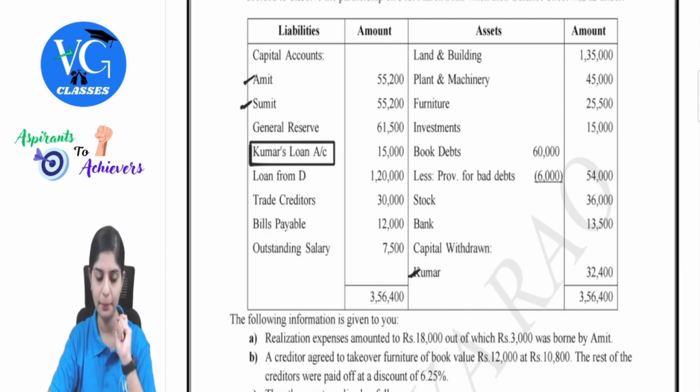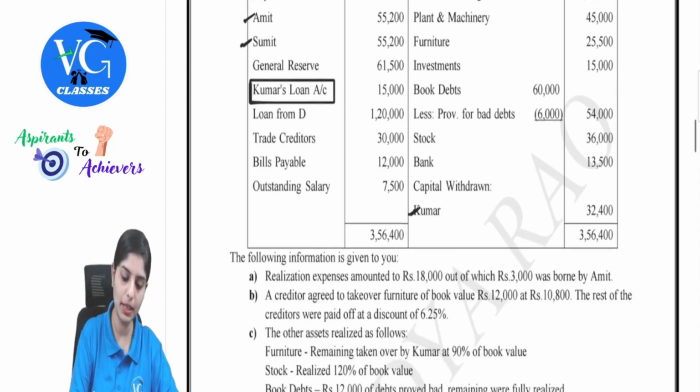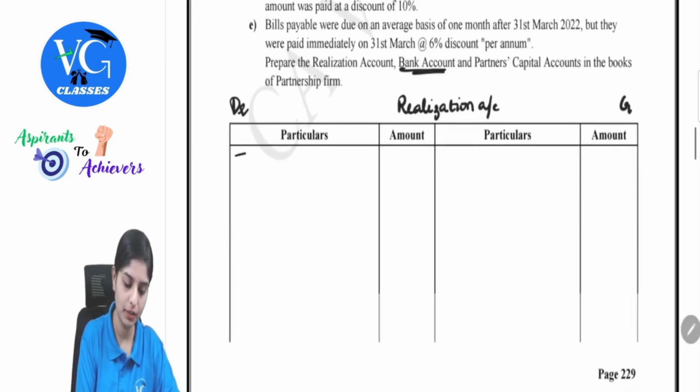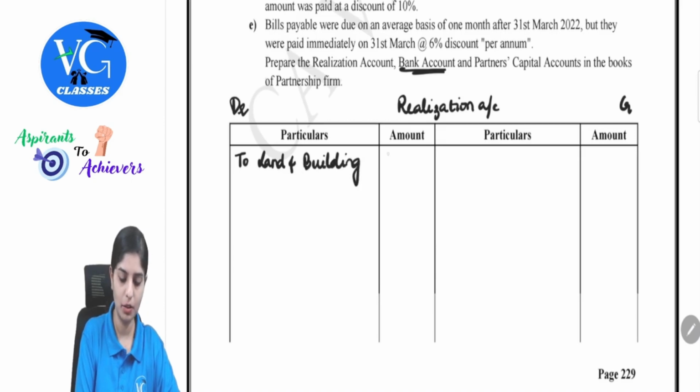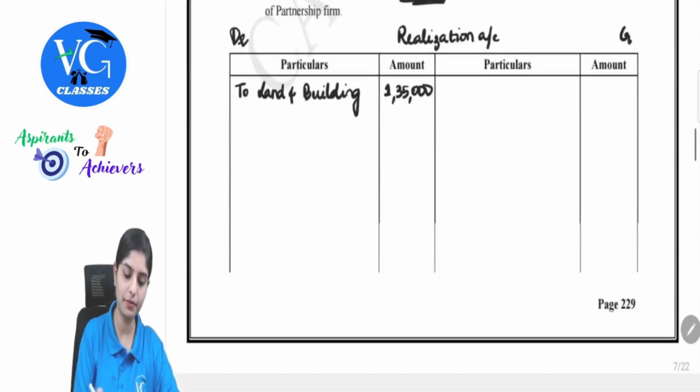Now, the first step in dissolution will always be to clear the balance sheet. We will first do that. We will first take the asset side. So realization to all assets. Land and building 1,35,000. Then we have plant and machinery 45,000.